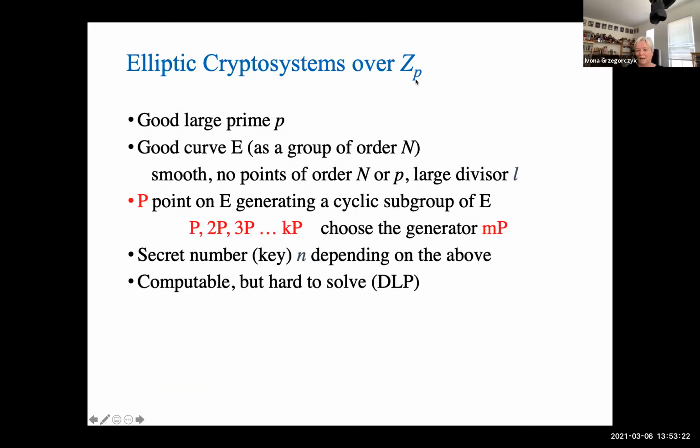So you want a large prime number, and you want to pick a good starting point P, and you're using to do the cryptography only the points that are multiples of this P. So I want to add P plus P plus P plus P plus P, and I'm only using these ones.